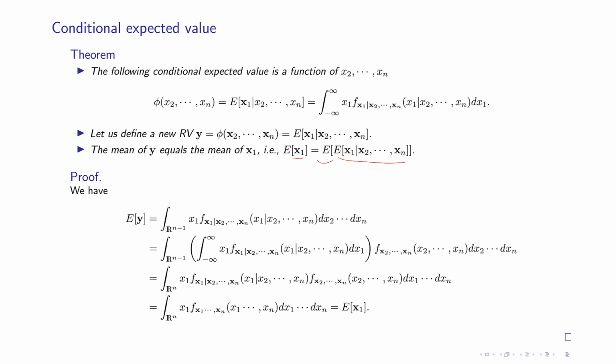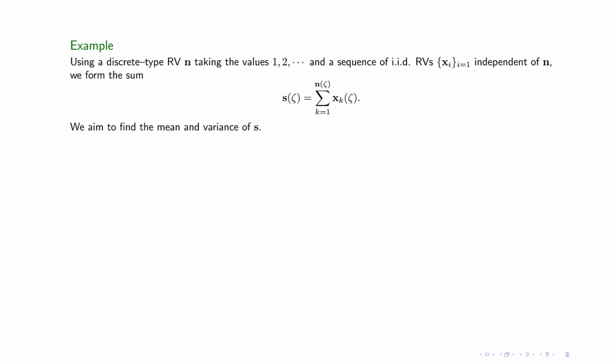So the mean of the conditional mean is equal to the unconditional mean, and the proof is very easy. So on one side you could put the conditional mean and so on. The details you could look at. So it's like here n minus 1 integrals, and then you have another one inside and you can perform it.